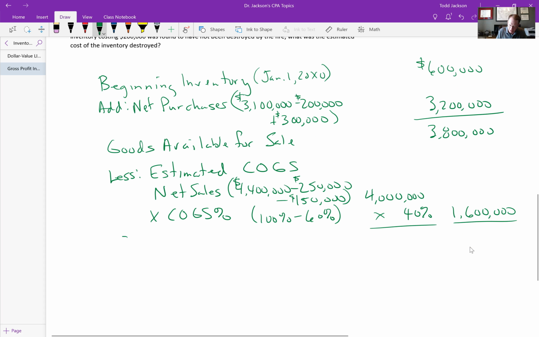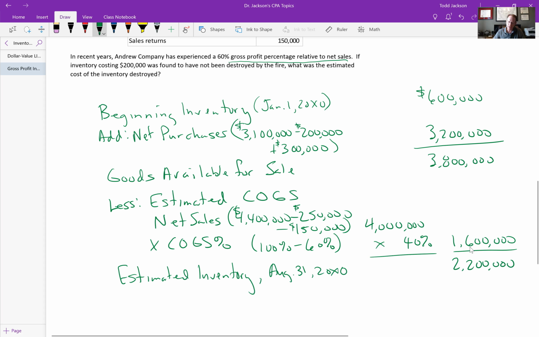As we subtract that, that will give us our estimated inventory as of the date of the fire, which is August 31st, 2000 XO. And that will be $2.2 million. Of course, the question says, what was the estimated cost of the inventory destroyed?